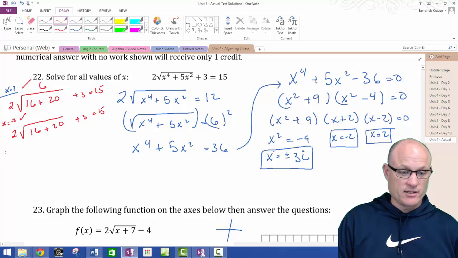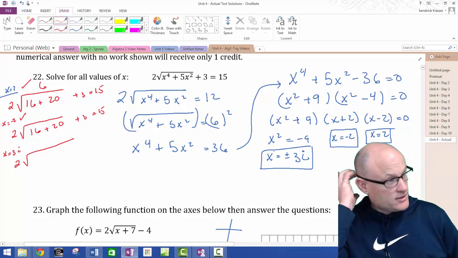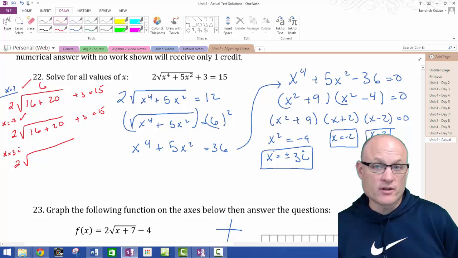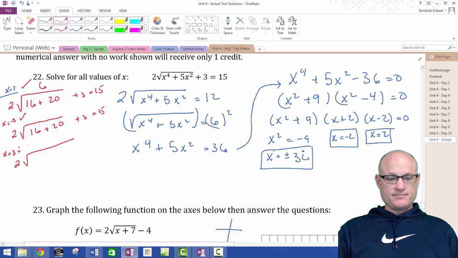Now I'm going to try x equals 3i. This is where it's going to get a little weird. Again, I probably would use my calculator. 3i to the 4th is 81, because i to the 4th is 1, so this is just 81.